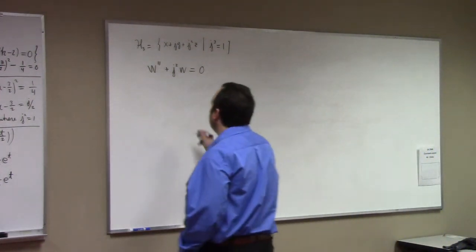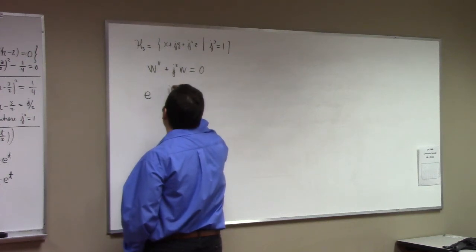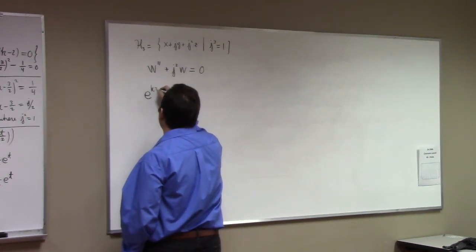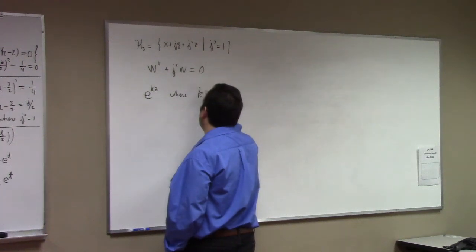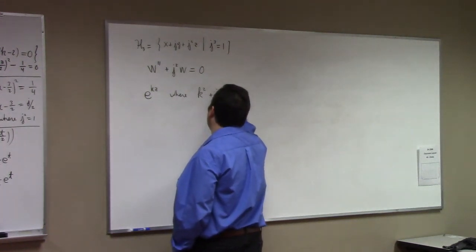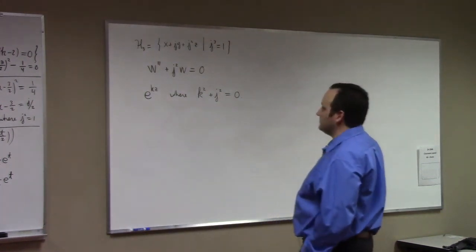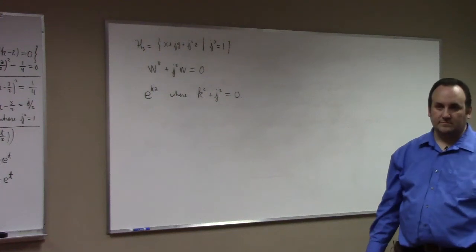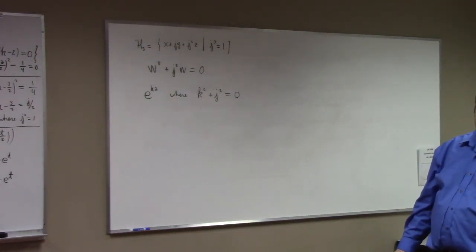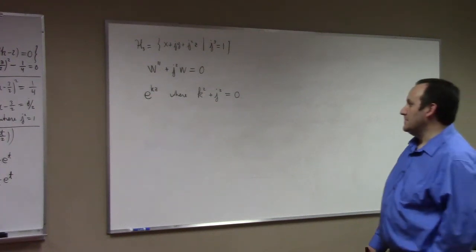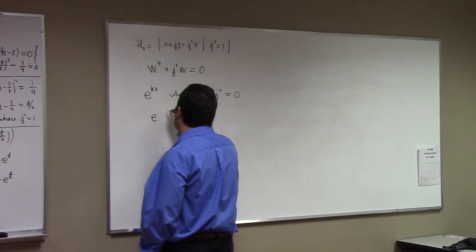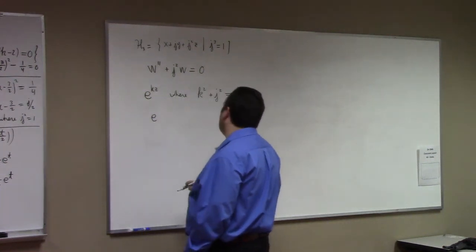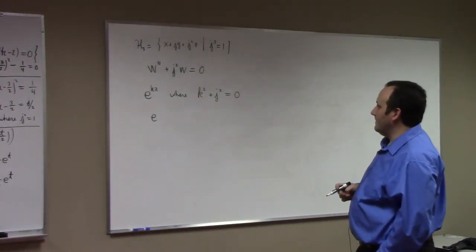I want to look at e to the kz, where k squared plus j squared equals 0. I mean, that's the algebra. And so then, how do you deal with that? What does that look like?